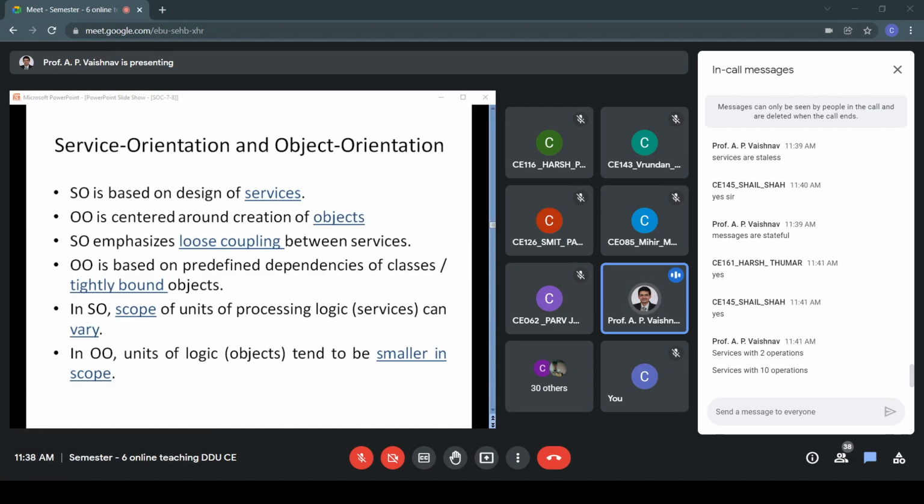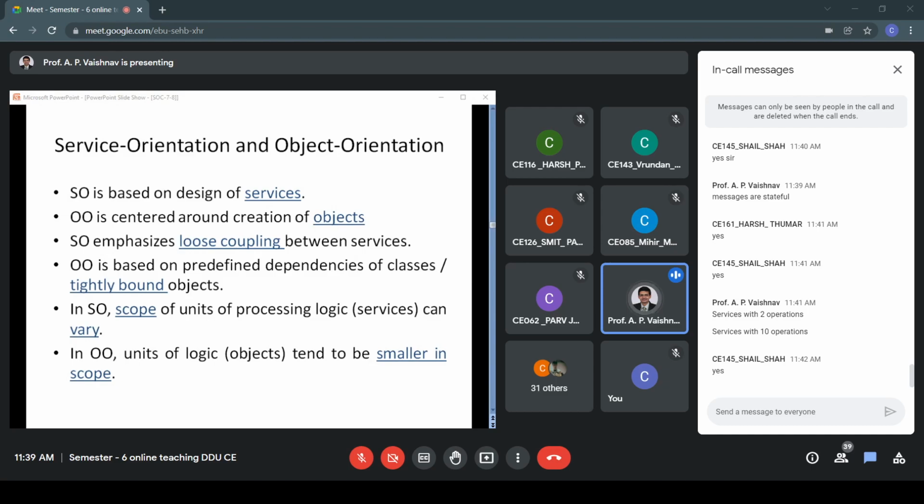In the second case, my scope is more because I'm having 10 operations. While what do we say about objects? Objects are always smaller in scope. Do you agree? Every object is targeting only one entity at a time, so the scope of an object is limited. That is the third comparison point.